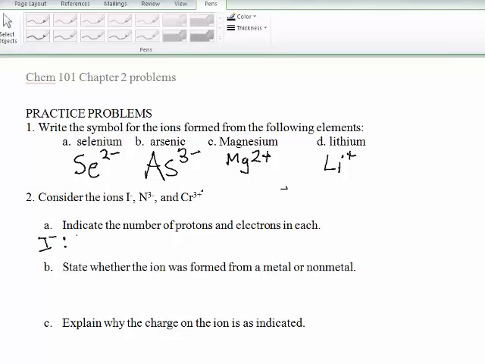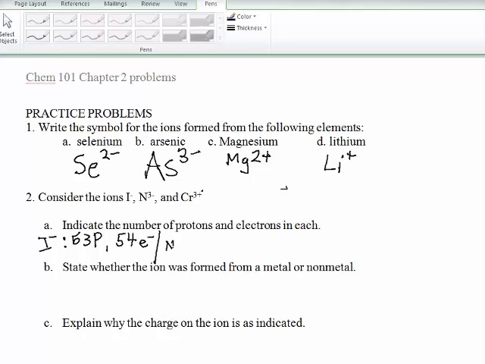And since ions don't lose protons or gain protons, we still have 53 protons. And I'll just write a P there. And because it's a minus charge, we know that it has 1 additional electron compared to the number of protons. So it should have 54 electrons. And I'll abbreviate electrons E minus.